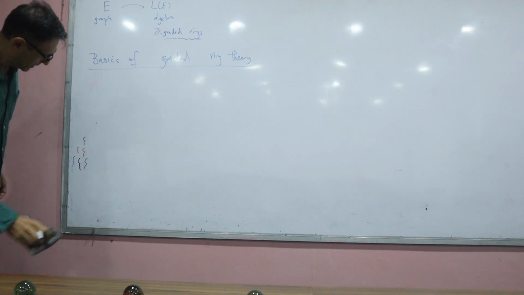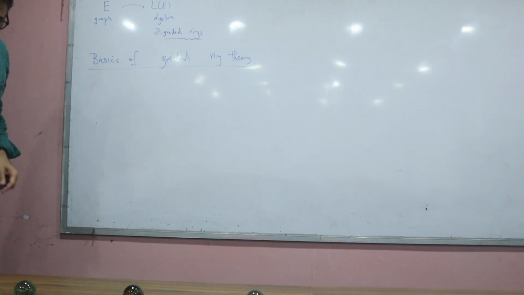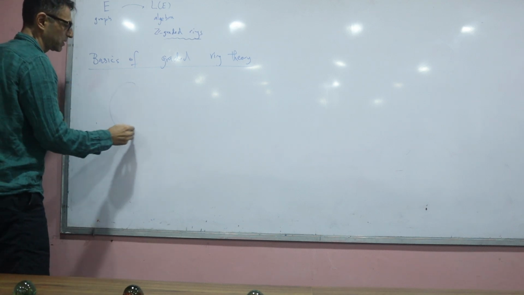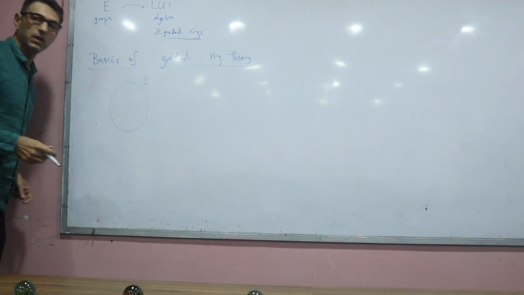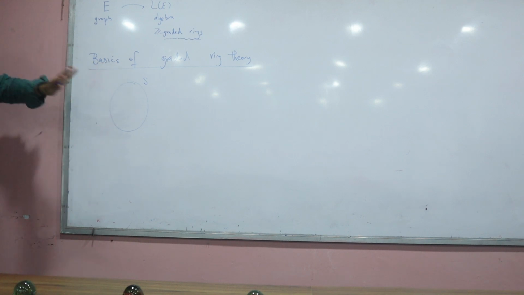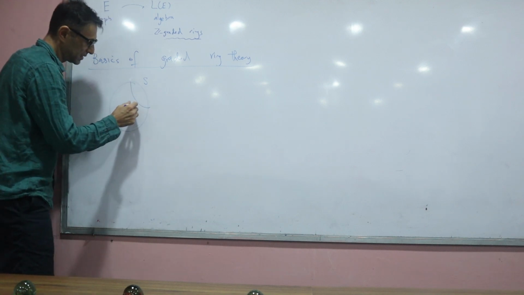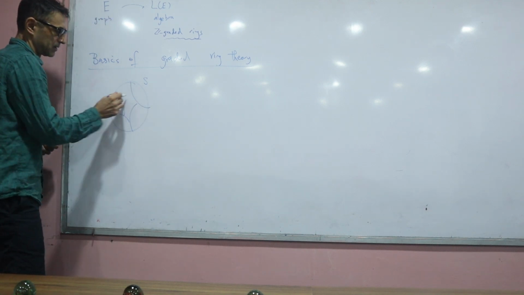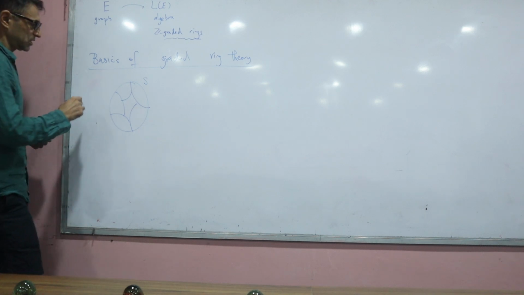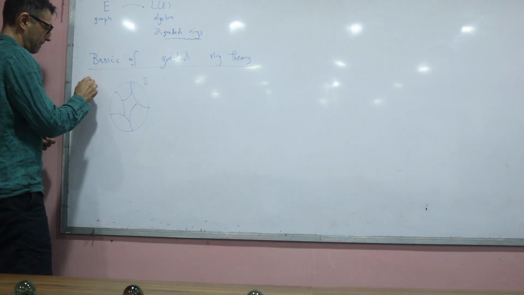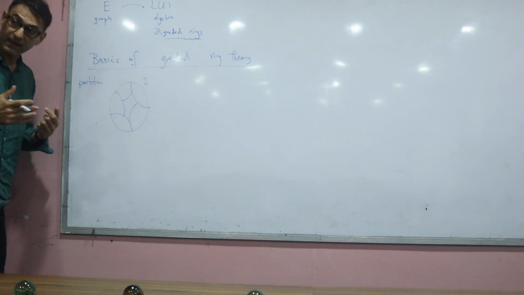And, well, the basic idea is that if you have an object, so imagine you have a mathematical object S, well, you can study this, right? You look at this globally and study this. But sometimes you are able to partition this. Okay, so I partition this, if I can.